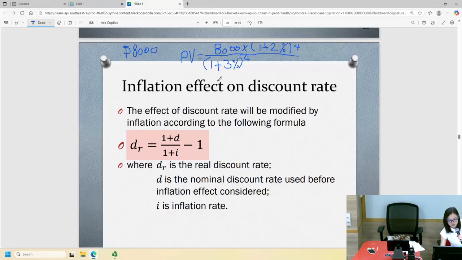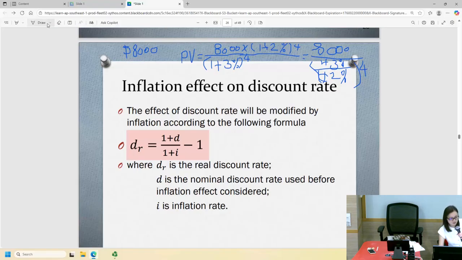Using this equation, we can rearrange it into 8,000 and then 1 plus 3% divided by 1 plus 2%, to the power 4. We just put this component to the lower portion.